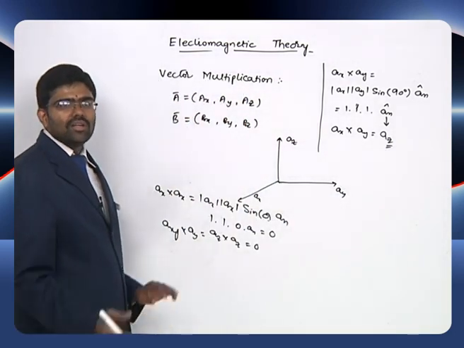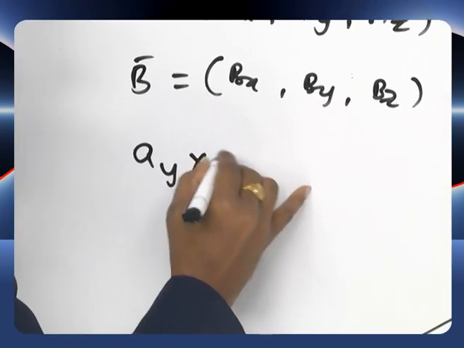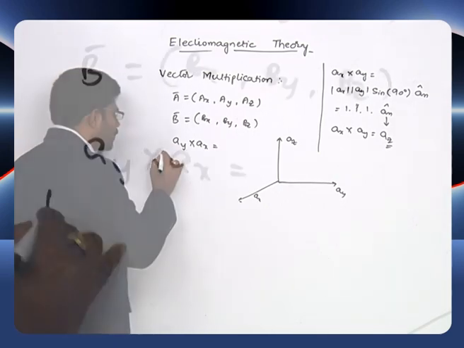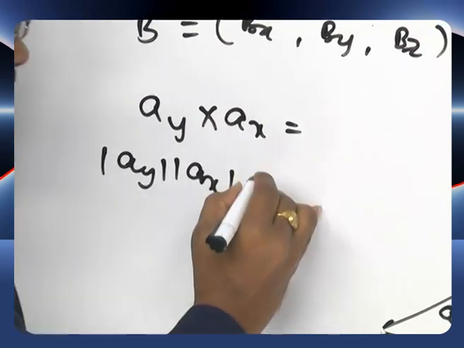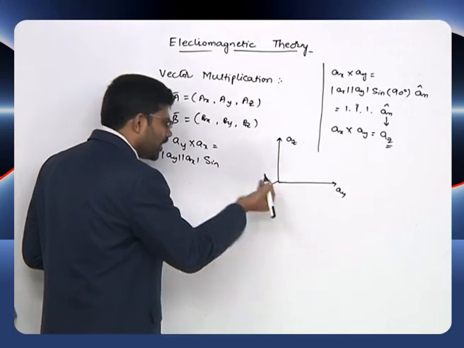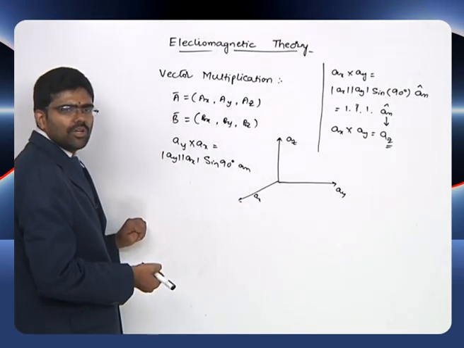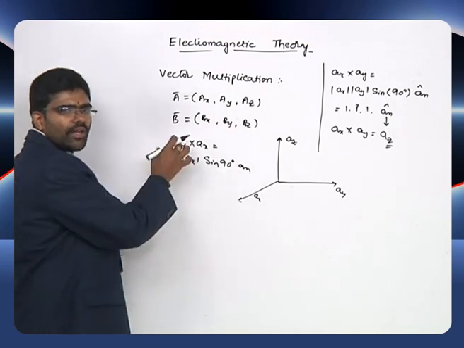If we consider the reverse order, let us consider Ay cross Ax. Once again apply the formula: magnitude of Ay, magnitude of Ax, sine of the angle between y and x, which is obviously 90 degrees, An. That is the unit vector. Now we need to find the direction which is perpendicular to both y and x.